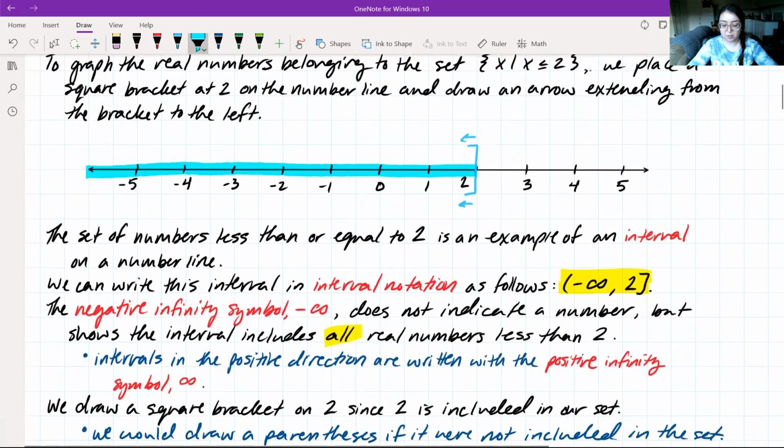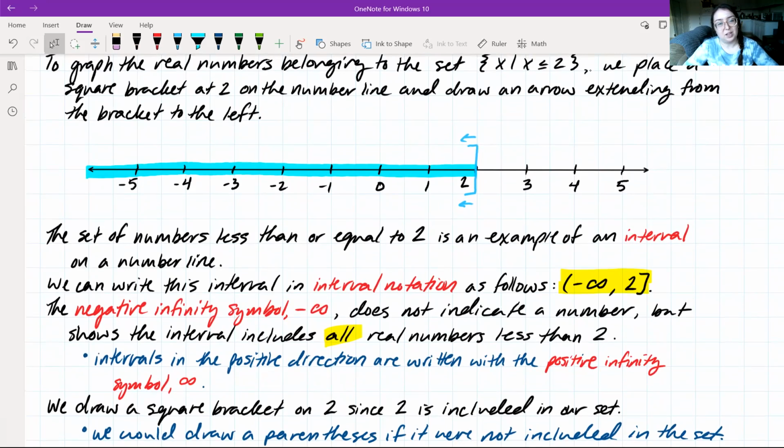So the set of numbers less than or equal to 2 is an example of an interval on a number line. So you're going to write the interval in interval notation, which is as follows. We have a round parenthesis, negative infinity. Whenever you have positive or negative infinity, you always have to write the rounded brackets because infinity is not technically a value, so you can't technically say it's equal to.